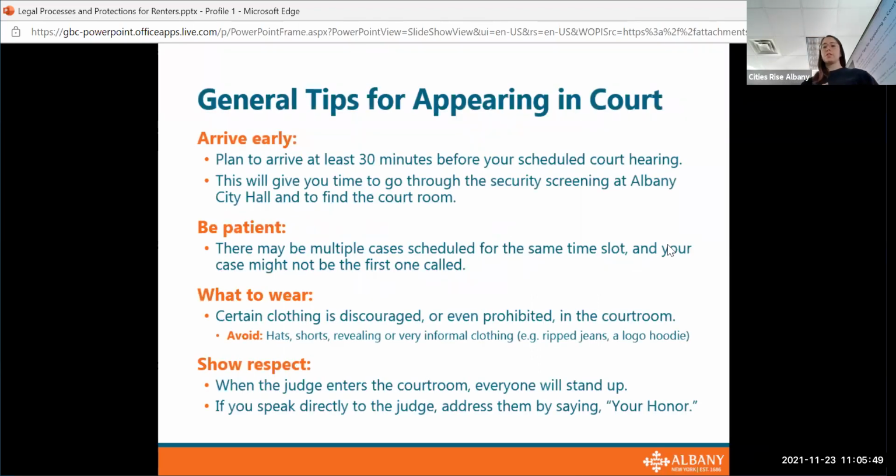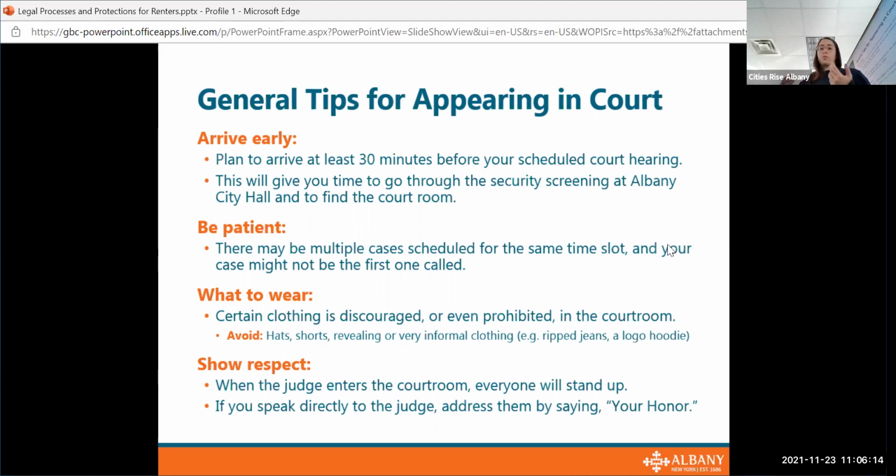So the following are just some of our general tips for appearing in court, whether you have a case that's filed against you, or maybe if you filed a case against a landlord. The first would be to arrive early. Plan on giving yourself at least half an hour of extra time before your scheduled court hearing. The reason for that is that City Hall does have security measures you'll have to go through.